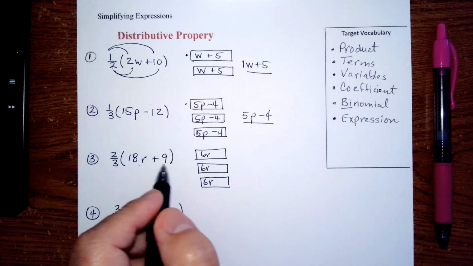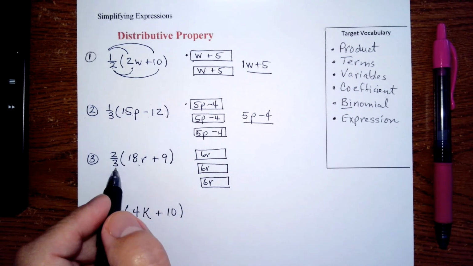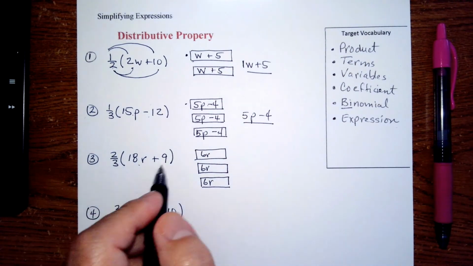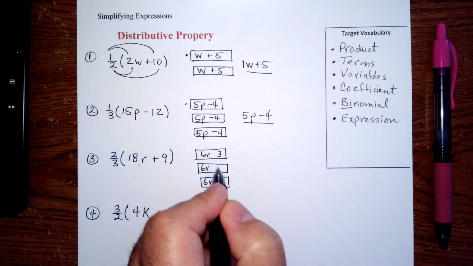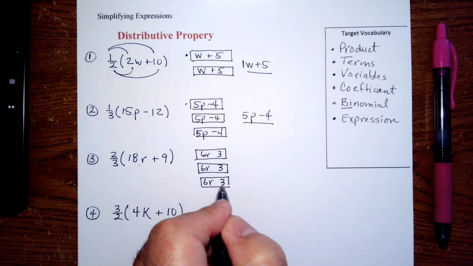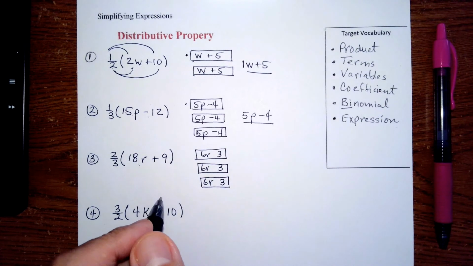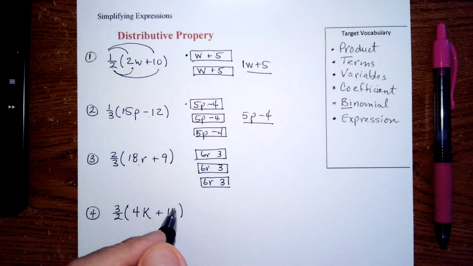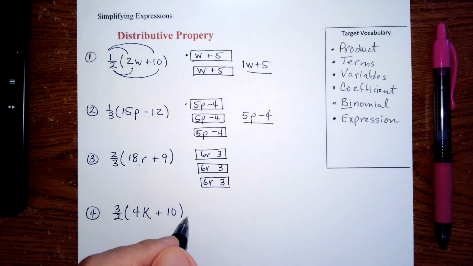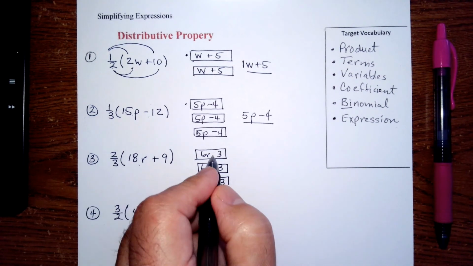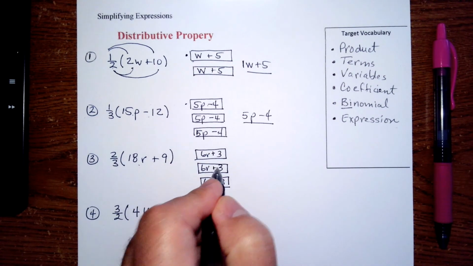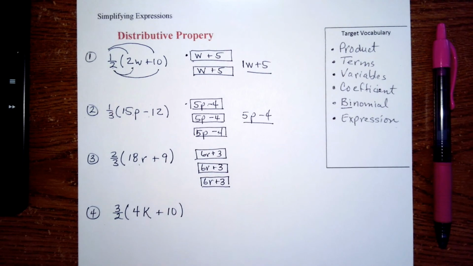The 9, positive 9, divided into 3 parts, gives me 3, 3, and 3. But what kind of 3? Positive or negative? And how do you know? Correct. Positive 9, positive 3, positive 3, positive 3. Are we done? Well, we're 99% done.